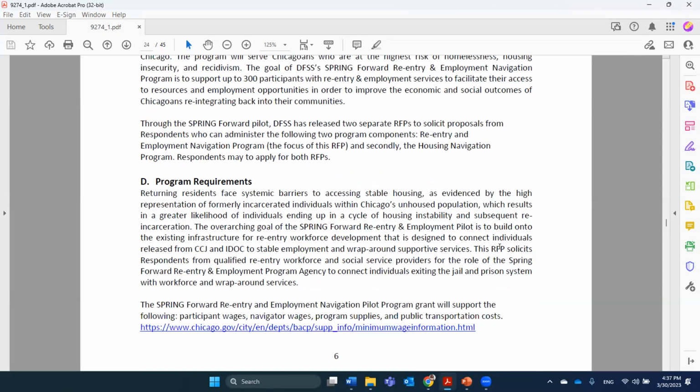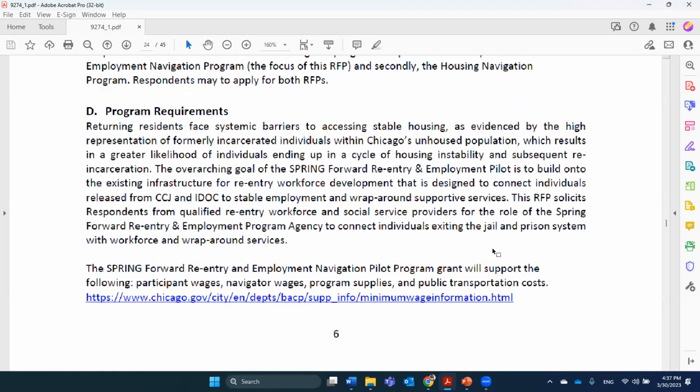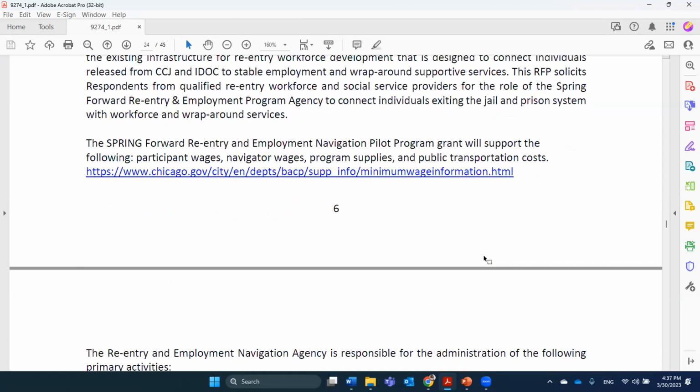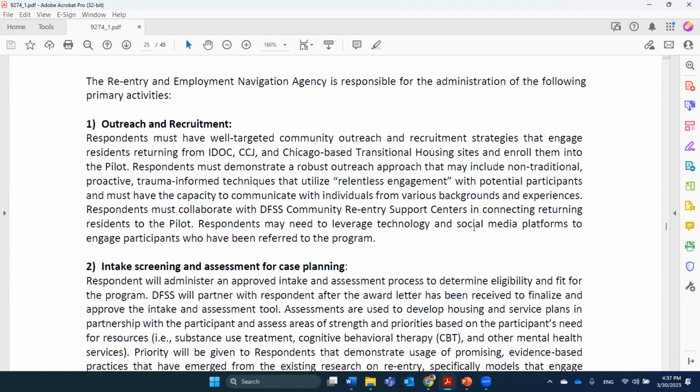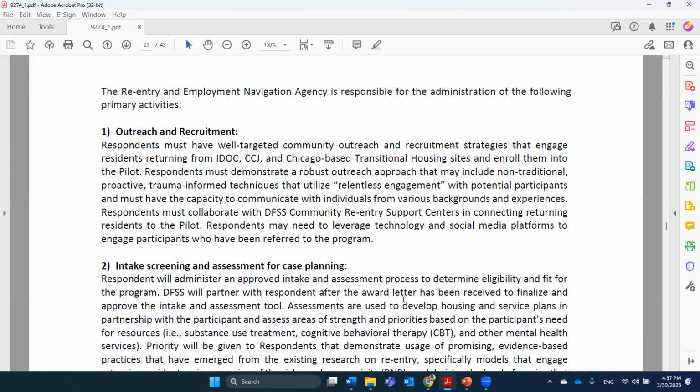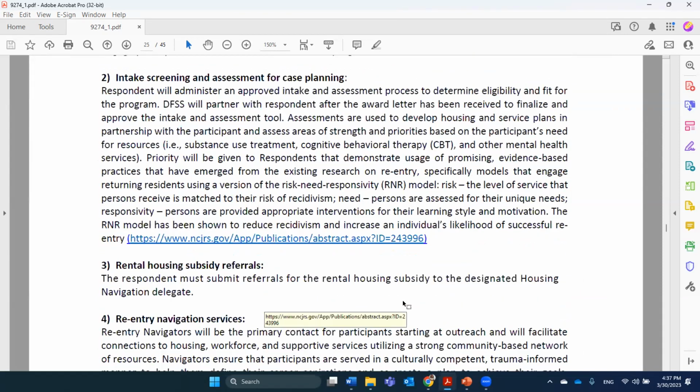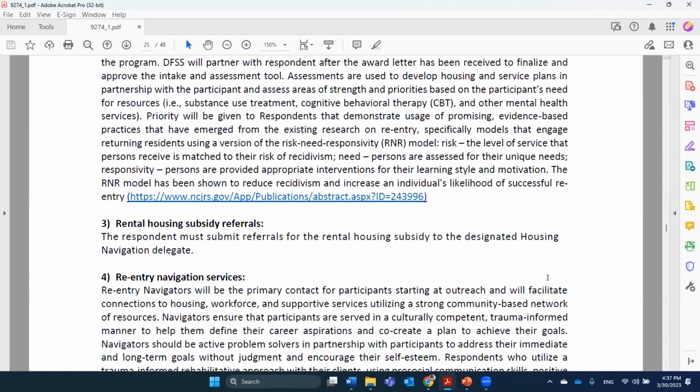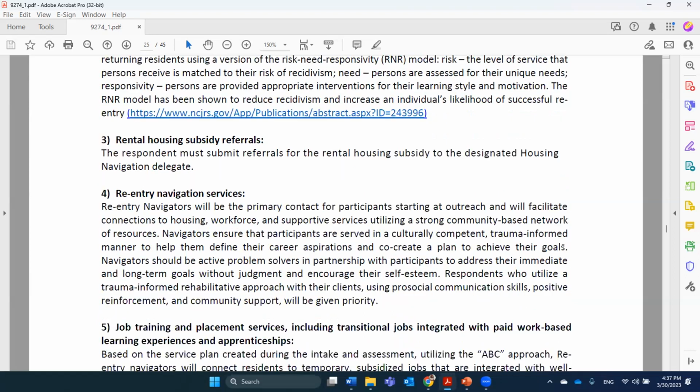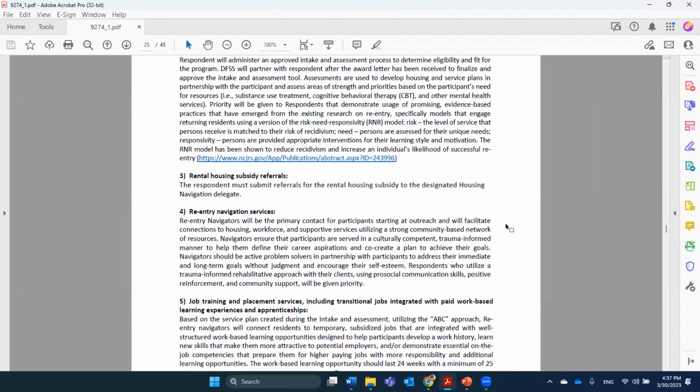Okay, so with this program, they also have a very specific list of outreach and recruitment activities, intake screening and assessment activities, referral activities, and navigation services, and related to the job training as well.